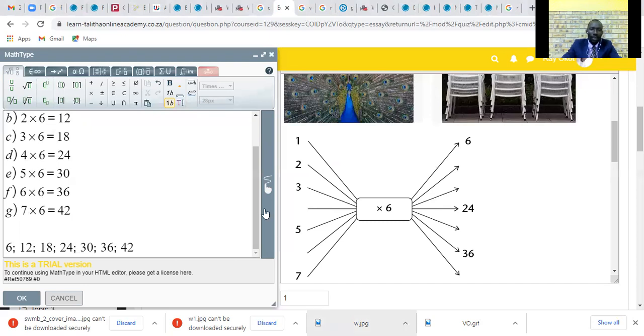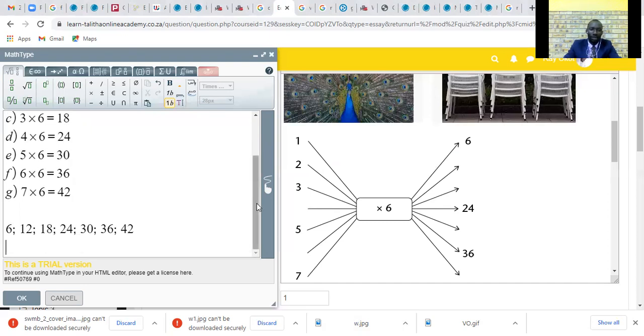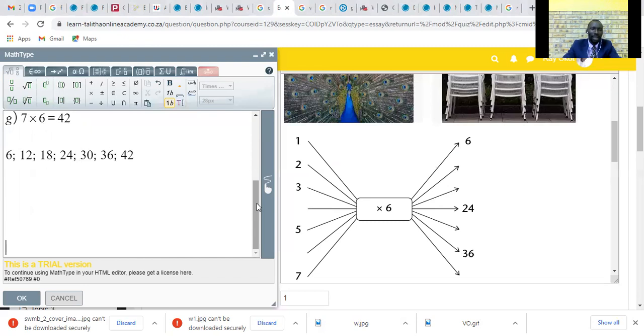So these numbers that we are dealing with, the 6, the 12, and the others, which form a pattern, are called a sequence. The other thing is each number in a sequence is called a term.